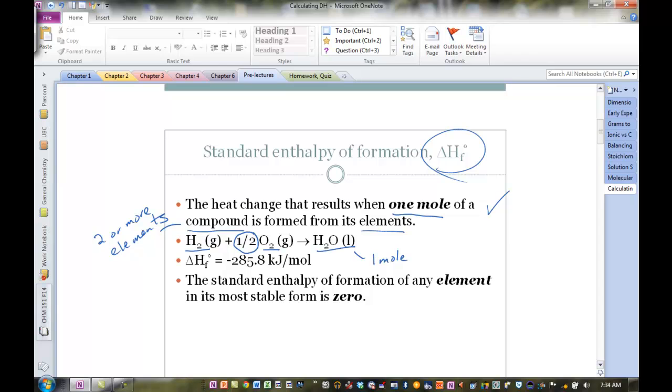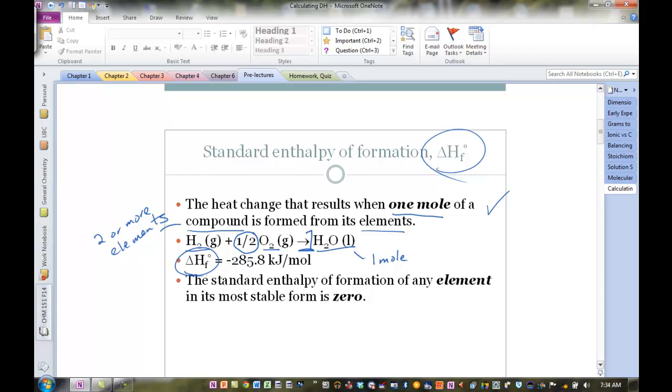That is because we need a coefficient of 1 in front of the compound, since it's the formation of 1 mole of that compound from its elements. It's okay to have fractional coefficients in this case because it's going to have to happen a number of times to end up with 1 mole of your product, your compound. So that is by definition what a formation reaction is.